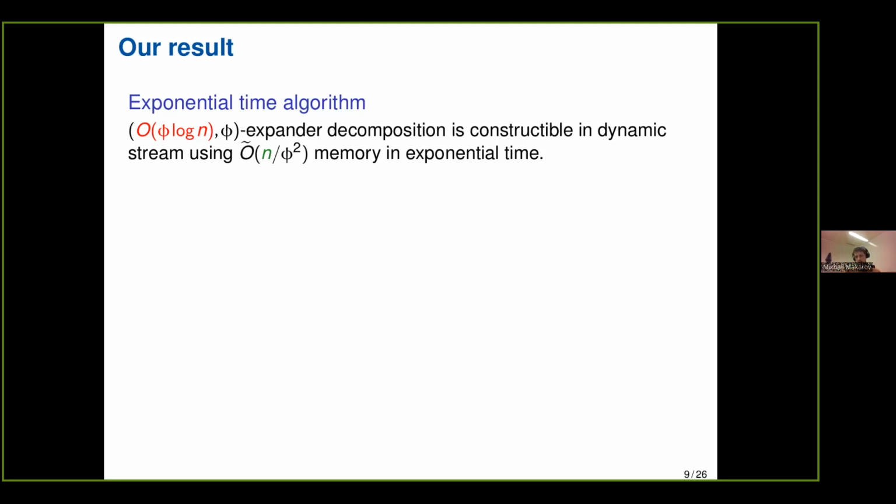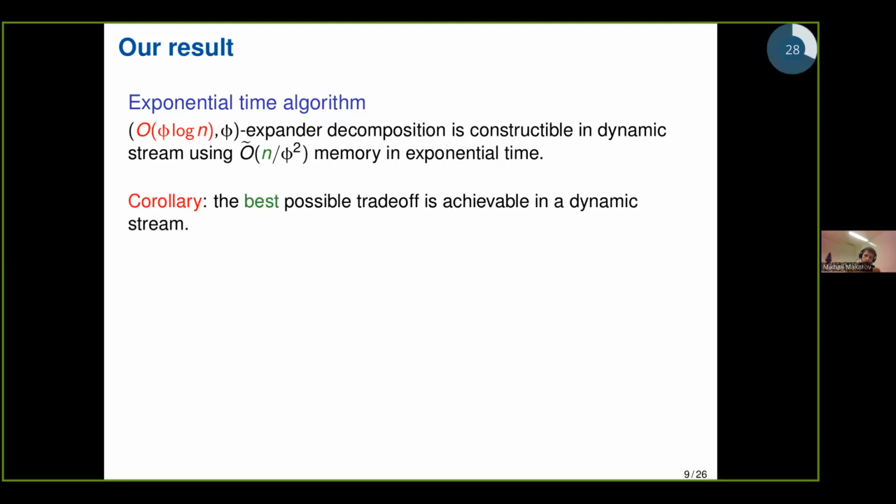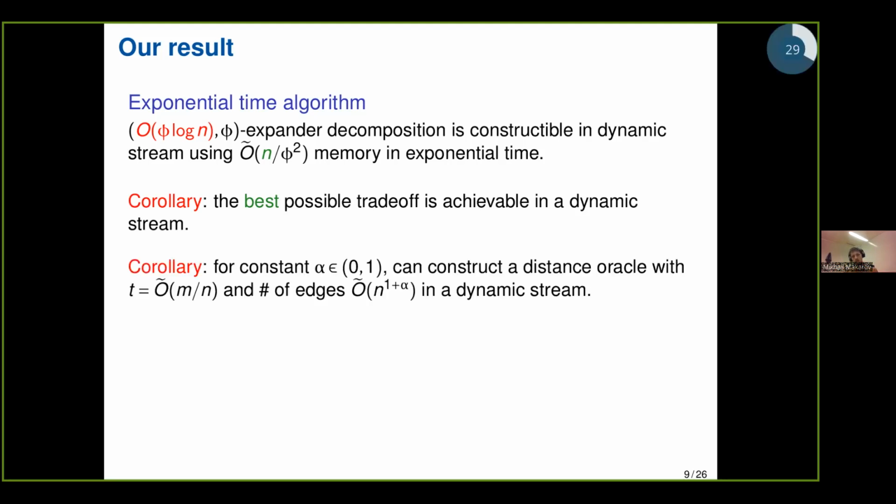So this has one interesting corollary, that is one can actually achieve the best possible trade-off between epsilon and phi in a dynamic stream. And another corollary states that now that we have this exponential time expander decomposition construction, we can use it to construct a distance oracle with good parameters in a dynamic stream.